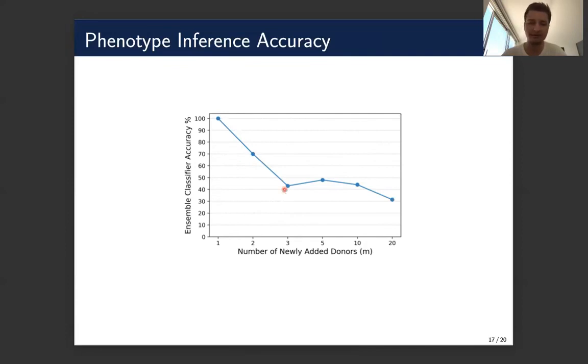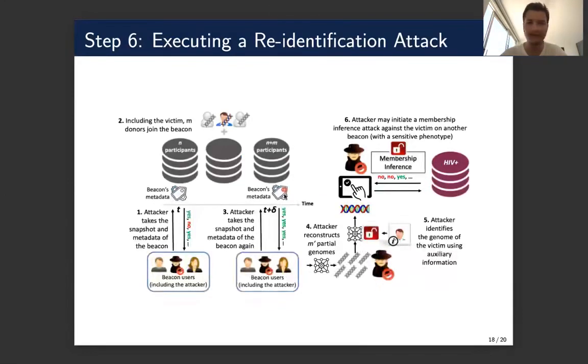And after identifying the partial genome of the victim, the attacker may want to initiate a re-identification attack against another beacon. This step is important because this re-identification attack can be initiated against a beacon that can carry sensitive information. For example, a beacon that contains people with the HIV disease.